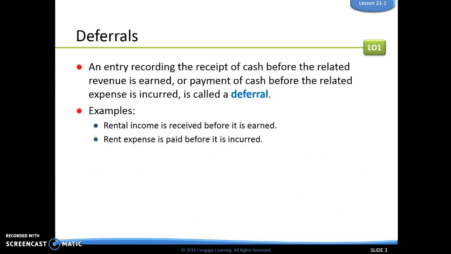A deferral is an entry recording the receipt of cash before the related revenue is earned or payment of cash before the related expense is incurred. Examples here are rental income received before we actually earn it, or a rent expense paid before we actually owe it, before it is incurred.